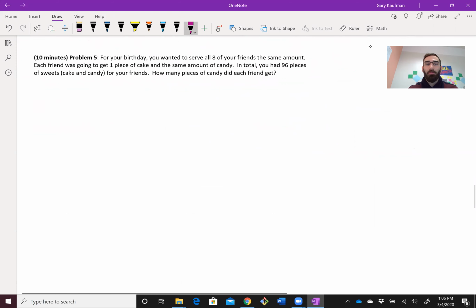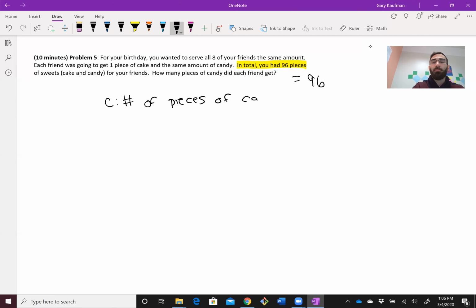So here's problem 5. Again, in total you had 96. This tells me I equal 96. Now what we're trying to figure out is how many pieces of candy each friend got. So we'll say C, number of pieces of candy.